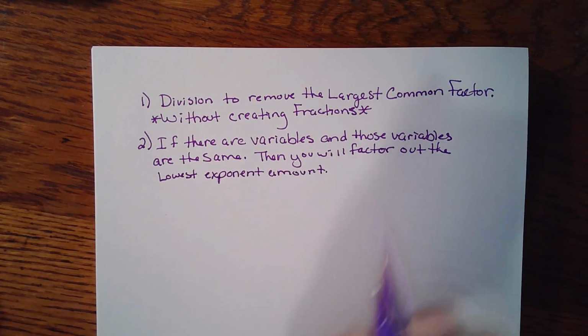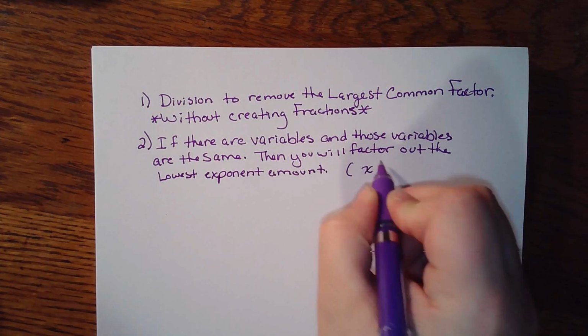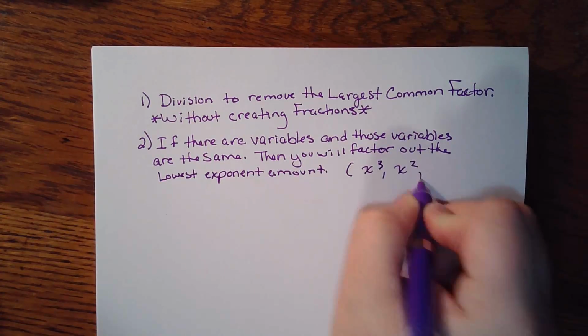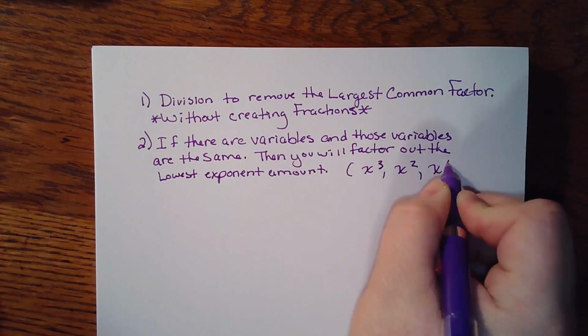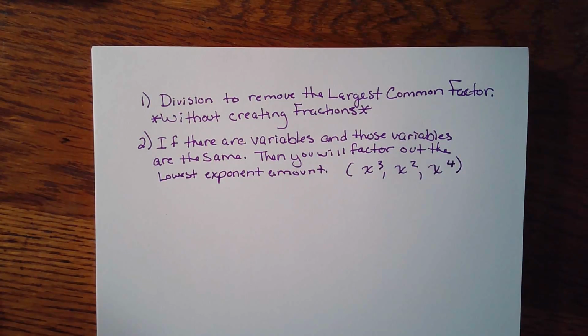So what I'm saying here is if you have an x cubed, an x squared, and an x to the fourth, you're going to look at all three of the variables. Now, all of your terms have to have this variable. You can't just pull it out of the first two and ignore it if the third one doesn't have it.